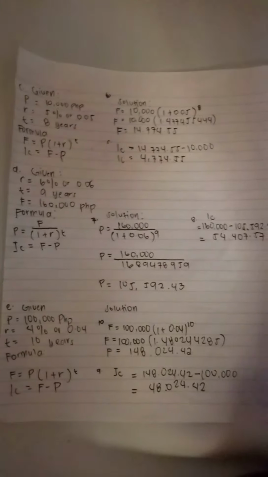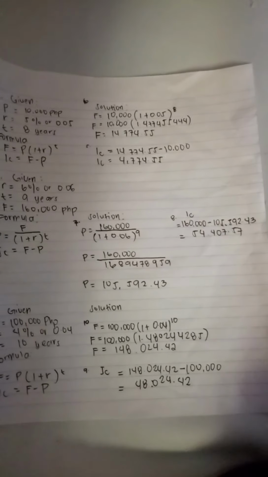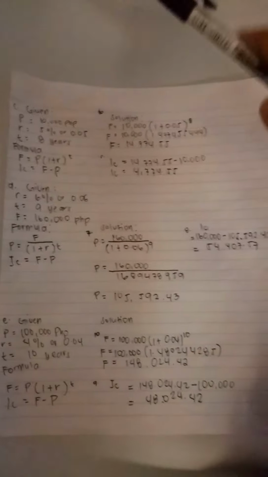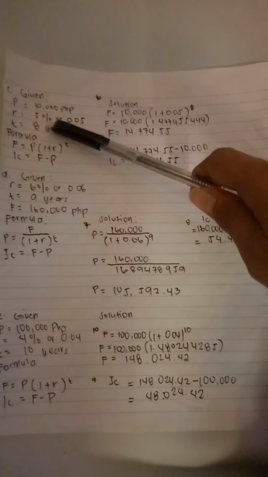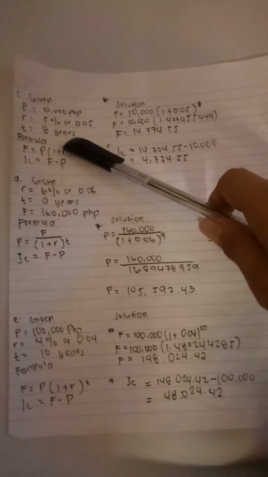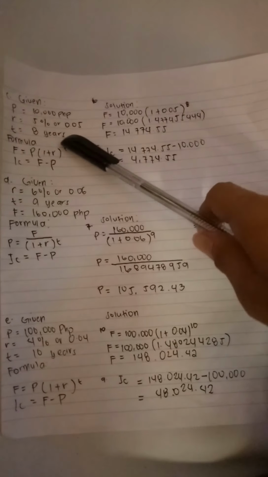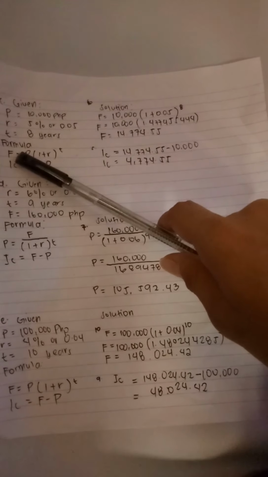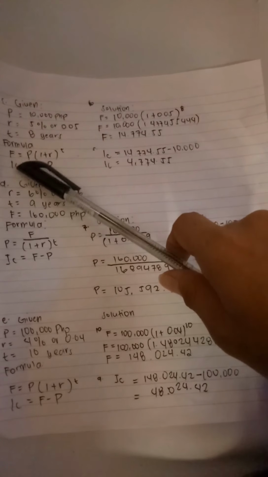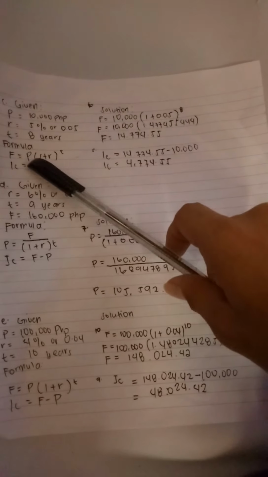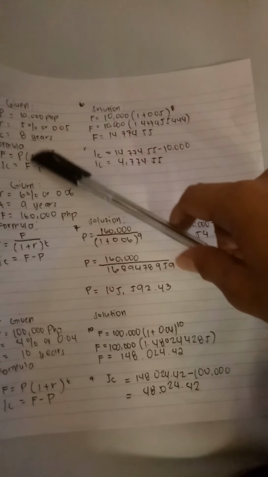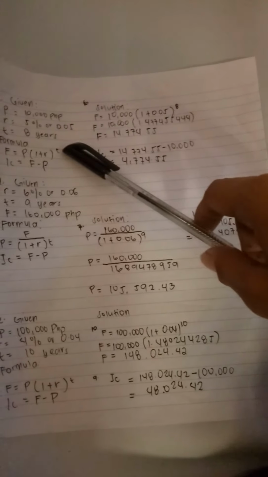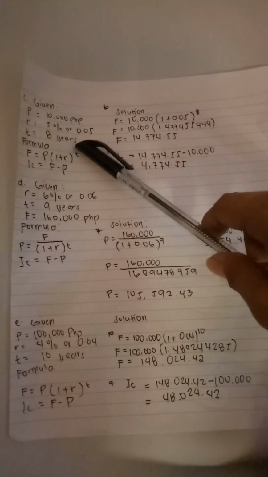The next naman po is for the letter C, for the given is we have a principal 10,000, we have a rate 5% or 0.05, we have a time 8 years. For the formula of future value and compound interest, for the future value we have a principal open parenthesis 1 plus r close parenthesis over time.